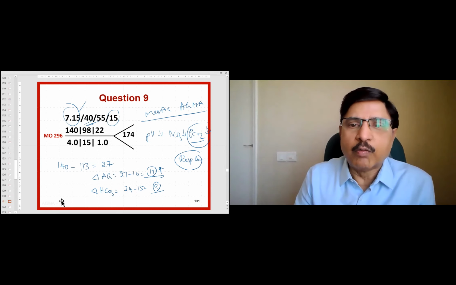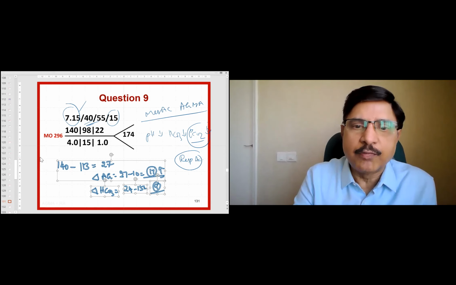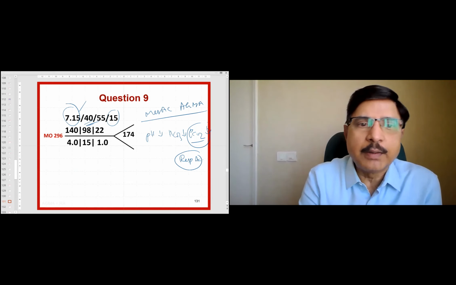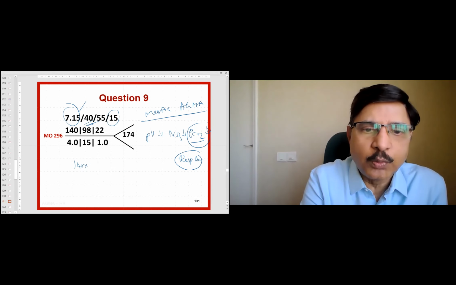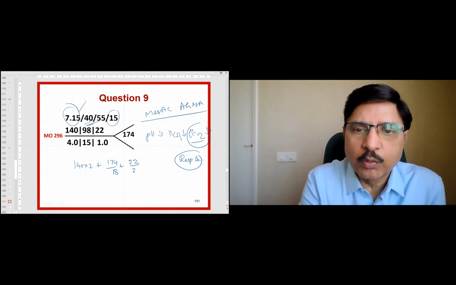Now what is the osmolar gap we have to see? Because with the osmolar gap only we can differentiate. So what is the osmolar gap here? 140 into 2 plus 174 over 18 plus 22 over 2.8.